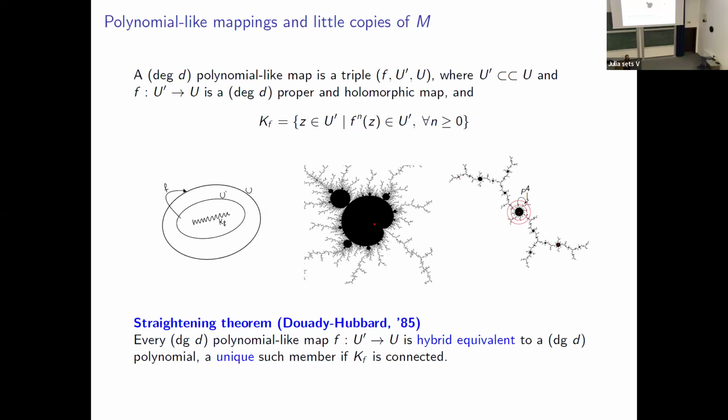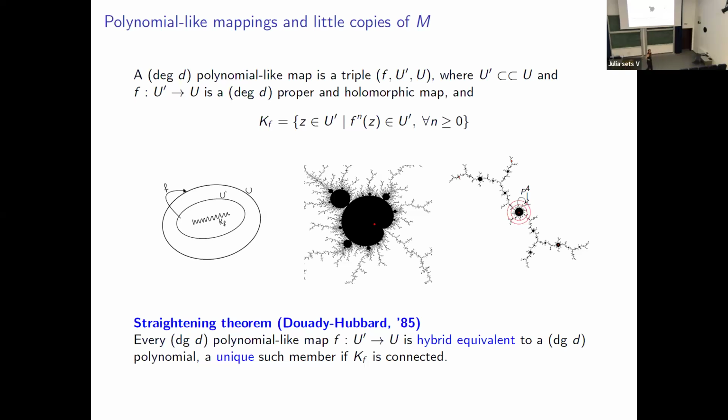So the whole component, this little disk, goes here up, 2 to 1, because there is the critical point. Then it goes here, 1 to 1, because we don't have any other critical point, so we are conformal. Then it comes back down, 1 to 1, and comes back here, 1 to 1. So this component is mapped to itself 2 to 1.